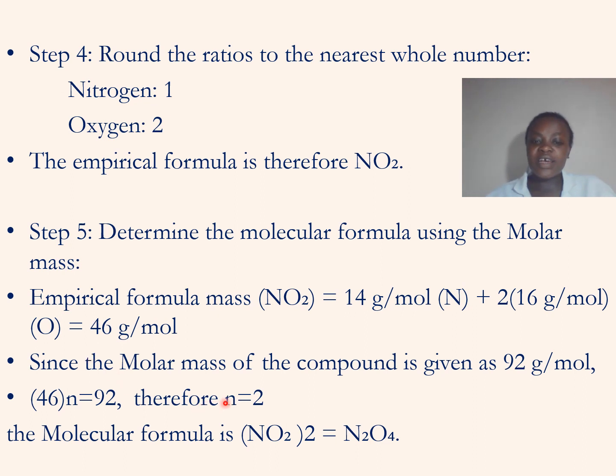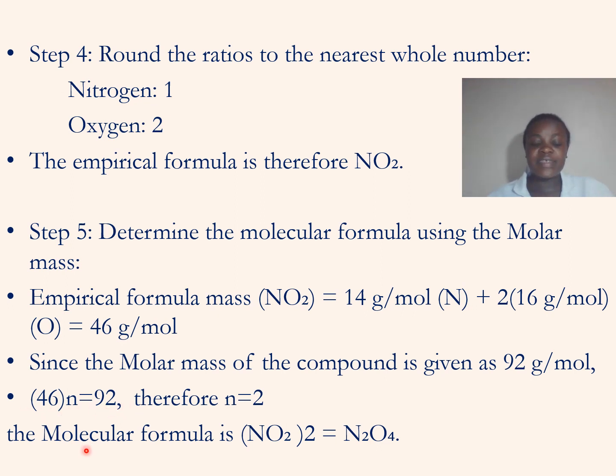Since we know that the molar mass of the compound is 92 grams per mole, we are just going to take the empirical mass, multiplied by a certain number n, which should give us 92 grams per mole. So to get n, we divide the left side by 46 and the other side where we have 92, we divide by 46.